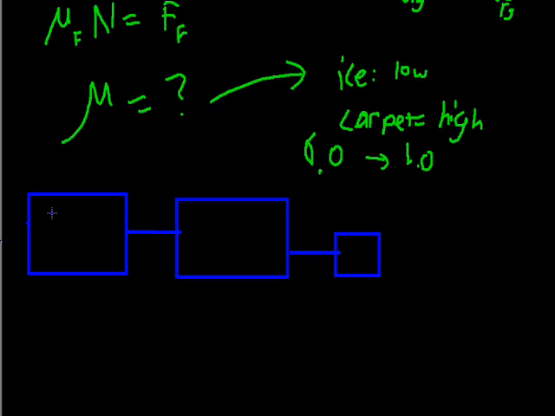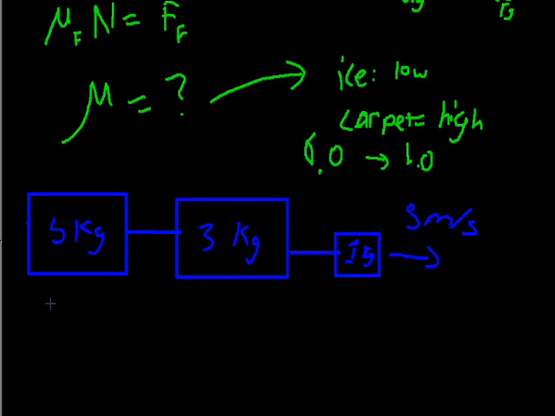This one here is 5 kilograms. This is 3 kilograms. This is 1 kilogram. Then this whole thing is moving to the right with a velocity of 3 meters per second, and we need to find how fast each one of these are going.